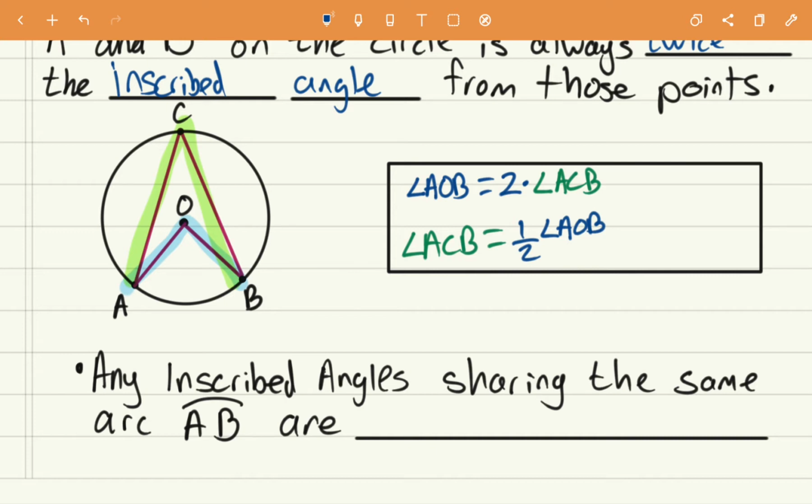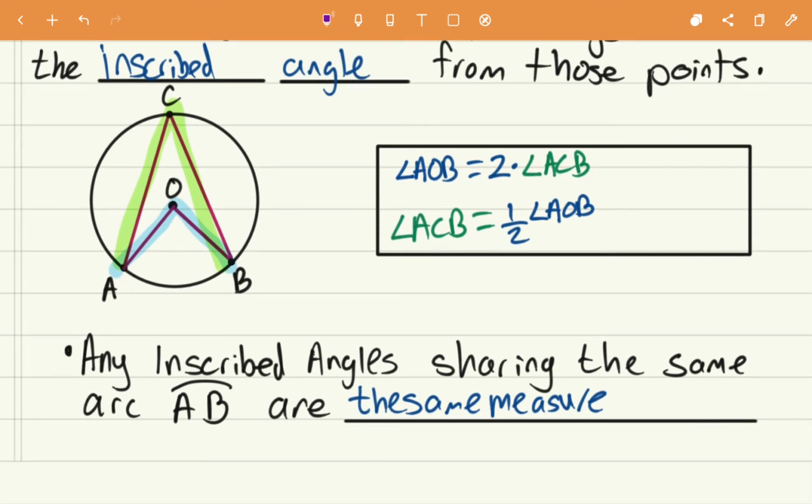Now, any inscribed angles sharing the same arc AB are the same measure. So let's say we have, looking back here, angle ACB is already one of those inscribed angles.